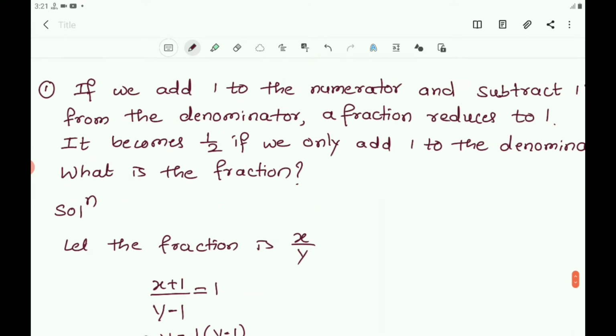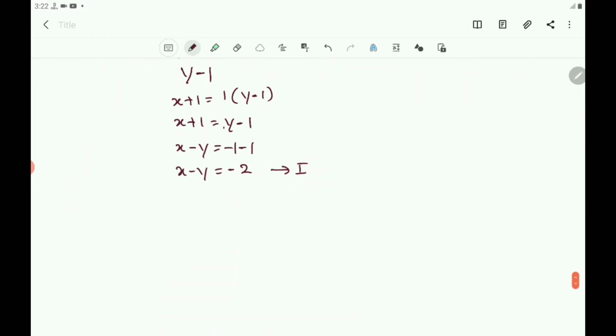The second situation, you only add 1 to the denominator and it becomes 1 by 2. So the original fraction is x by y and here we add 1 to the denominator, x by y plus 1. Then the fraction becomes 1 by 2.